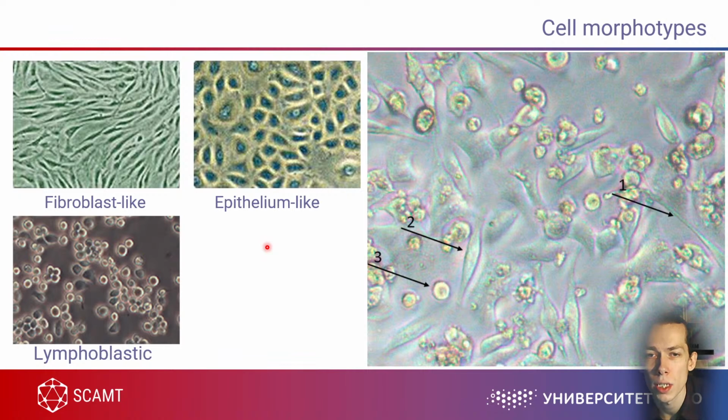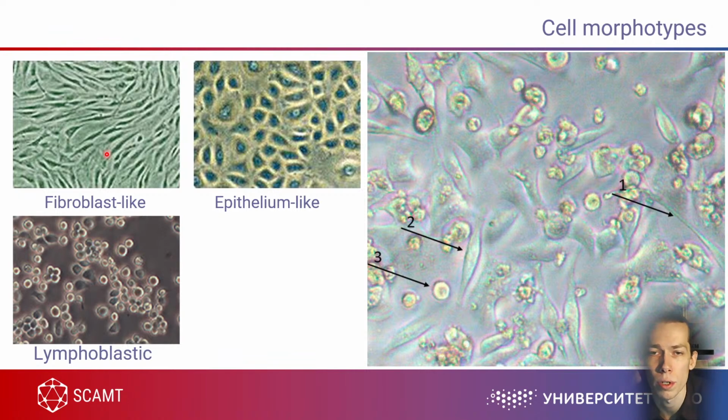The shape of the cells depends not only on the origin of the cells. Fibroblasts or epithelium can originate from skin, for example, and they are adherent cells, so they grow on a substrate. They need some rigid surface to grow on, and in the organism, adherent cells can form tissues.